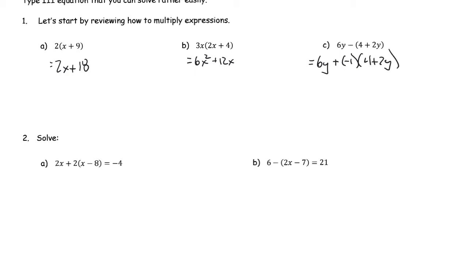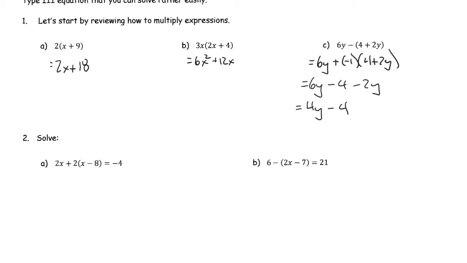If you're the type of person who would think of the 6y as being distributed through, then you might want to rewrite it like this, because the 6y stands on its own, and then the -1 gets distributed, so it becomes -4, -2y. Then 6y minus 2y, combining like terms, is going to be 4y, and then I've got that constant 4 that I'm subtracting out at the end.